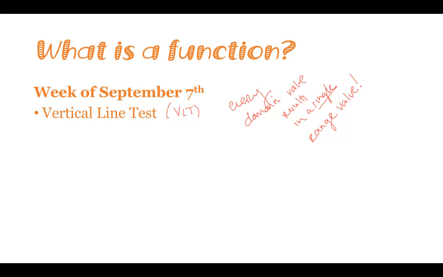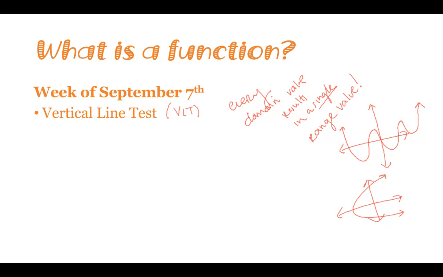So if I am looking at something that looks like this, that's a function, right? If I'm looking at something and it's like this, not a function. Look what happens when I draw vertical lines. And we also looked at it as sets of numbers.